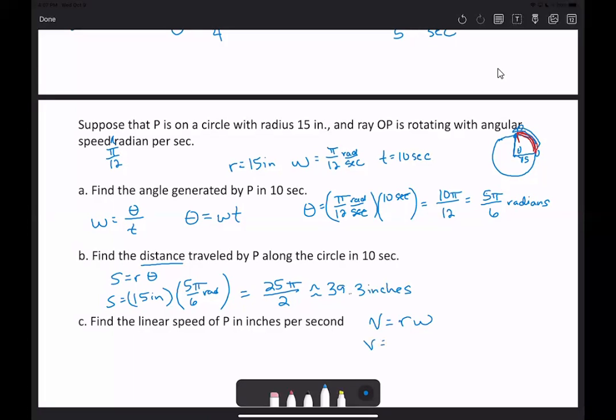So to find v, we substitute in 15 inches times omega, which is pi over 12 radian per second. Here we get 15 pi over 12 inch per second. 15 over 12 will reduce, so that will be 5 pi over 4 inches per second, which is the speed of that point around the circle.